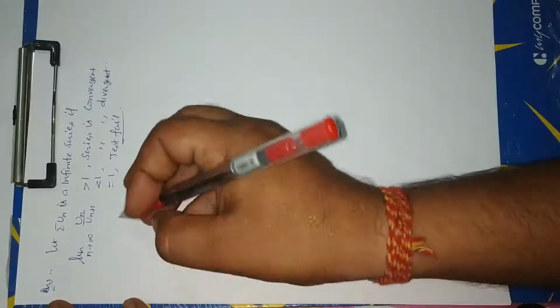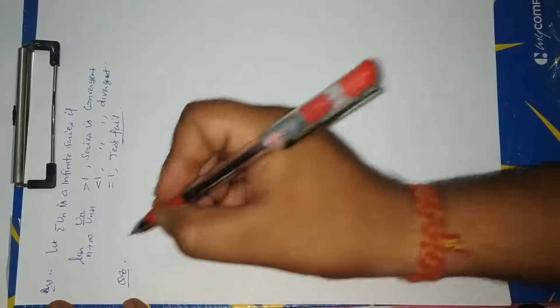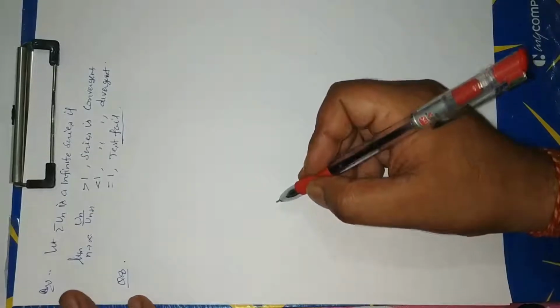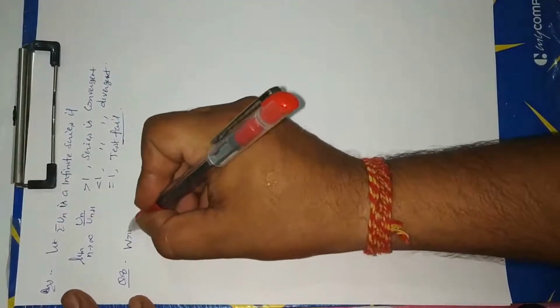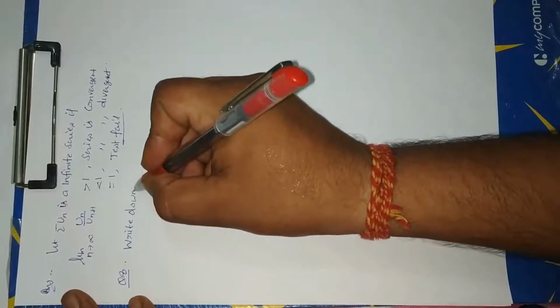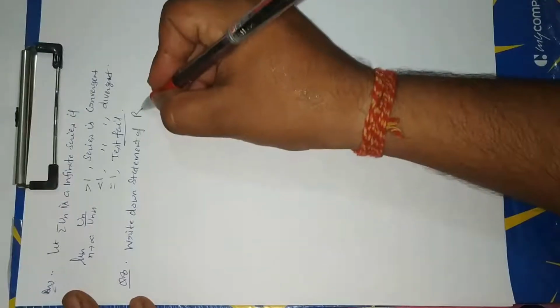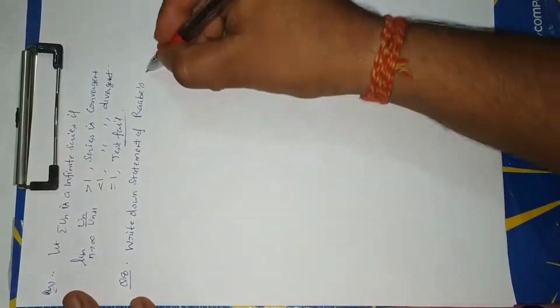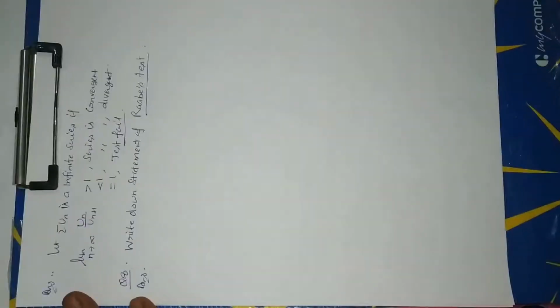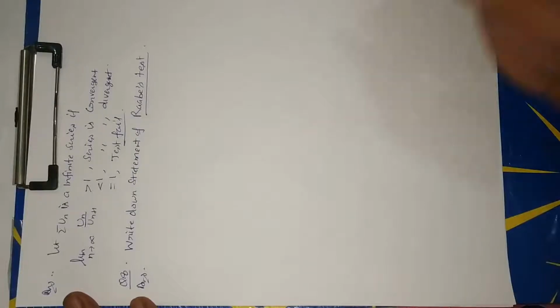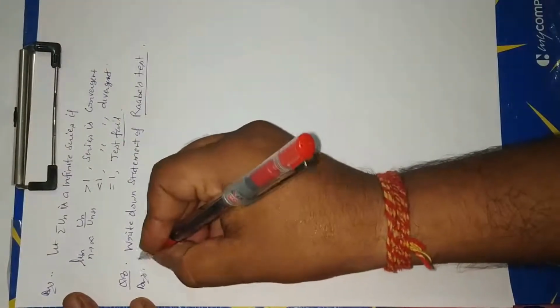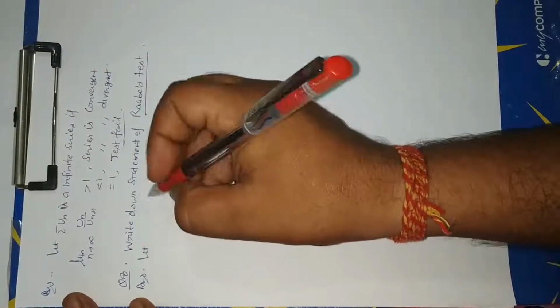Now question number 8. Write down the statement of Raabe's test. After failure of the D'Alembert ratio test, we apply Raabe's test. Let summation un be an infinite series.